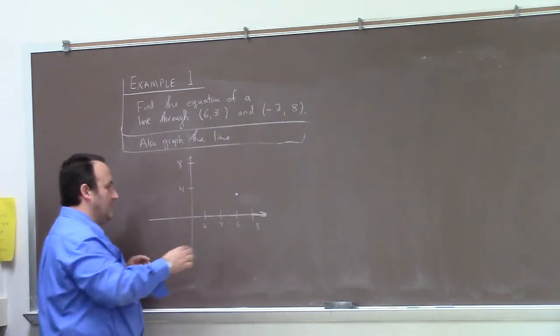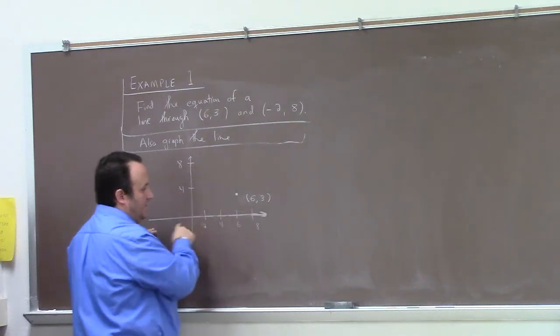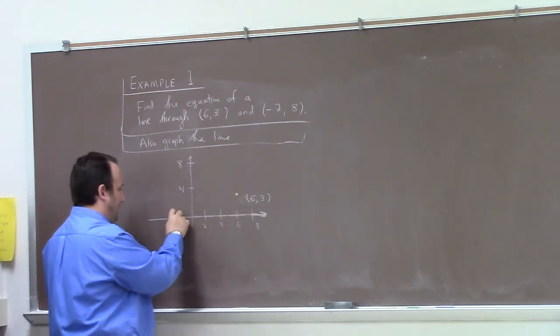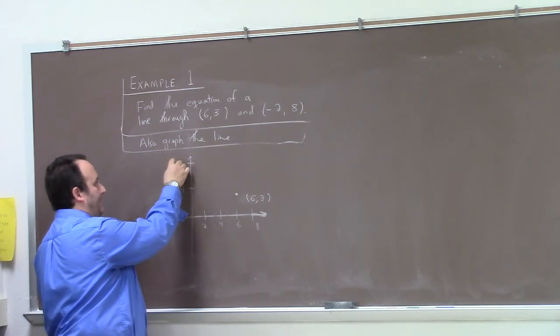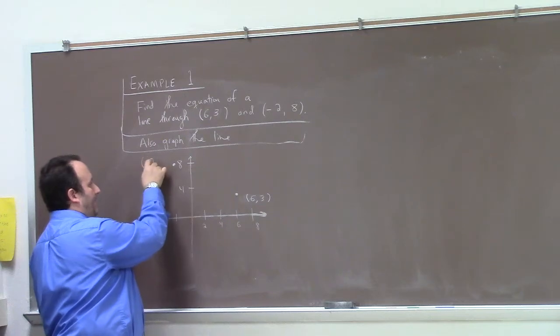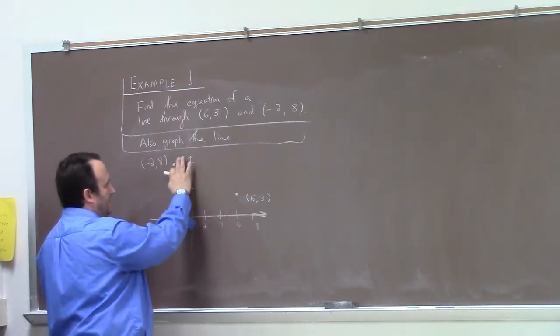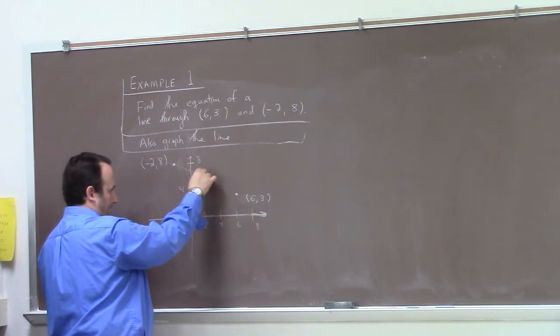Okay, so this is over 6, up 3. And let's see here, (-2, 8) would be up here somewhere. Right, so we're looking for the line that goes something like this, right?